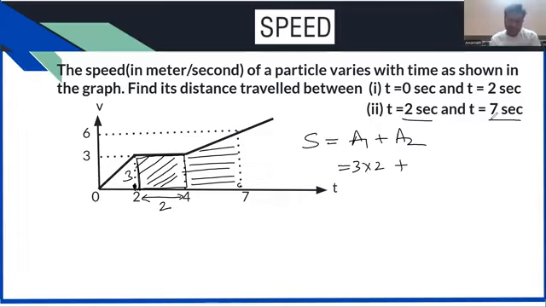And here it is actually a trapezium, so it is half of the sum of the parallel sides. This is 3 only, and this is 6, and the perpendicular distance is 3.